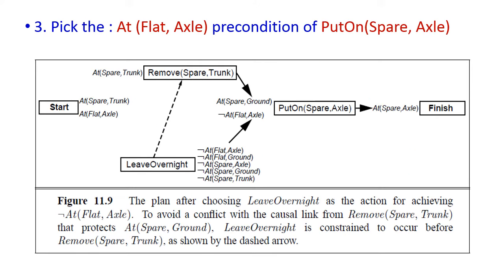And next we need to pick At(Flat, Axle), which is actually the precondition of the action PutOn(Spare, Axle). So in the diagram, the plan after choosing LeaveOvernight as an action for achieving not At(Flat, Axle): to avoid the conflict in the causal link from Remove(Spare, Trunk) to protect At(Spare, Ground), LeaveOvernight is constrained to occur before Remove(Spare, Trunk), as shown by the dashed arrow.